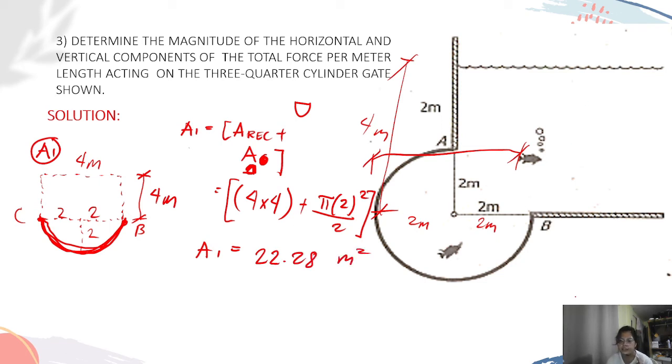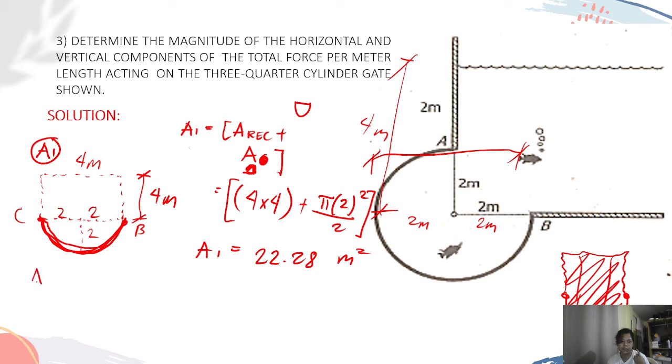So, si area 1 kasi, pre-project ko siya yung kanyang liquid. Sabi ko sa case number 1, kapag magkakaroon ka ng projection, ipo-project mo yan lahat. Itong area niyan. Nakuha na natin.